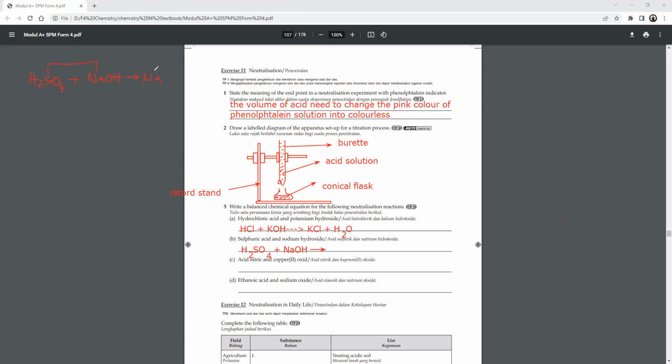Na is plus. SO4 is 2 minus. 2 minus you write to here, Na2SO4 plus H and H2O. And you got something like that, right? So the answer here will be Na2SO4.